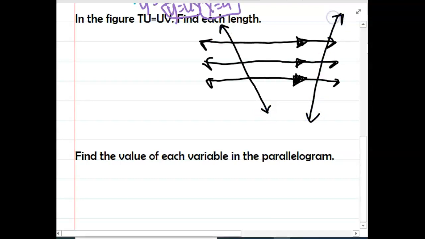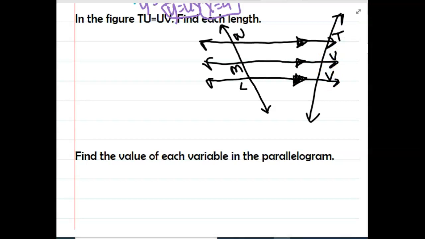Like this. Now, without giving you any more information, well, I guess I need to give you a little more information. Let's label these intersections. So this is going to be L, M, N, and then T, U, V.